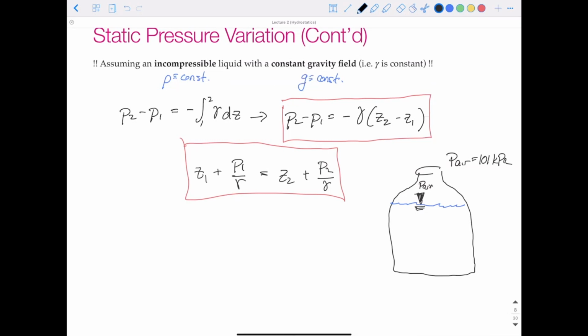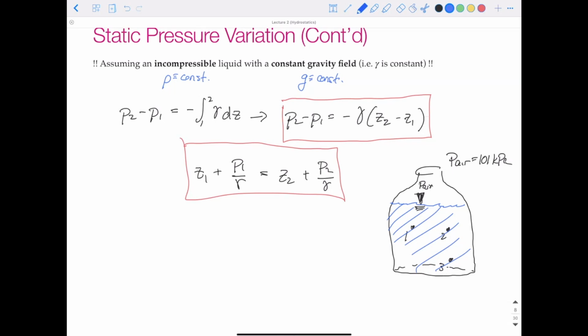So if we have a point 1, 2, 3 on that container, and let's assume it's filled with our fluid, we can relate the pressures at any 2 points by looking at the difference in their position in the z direction.